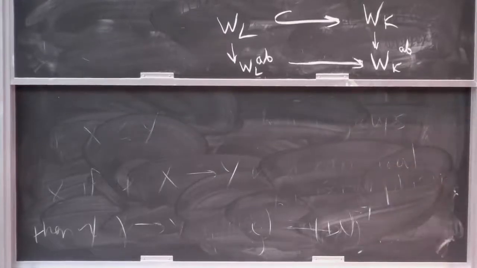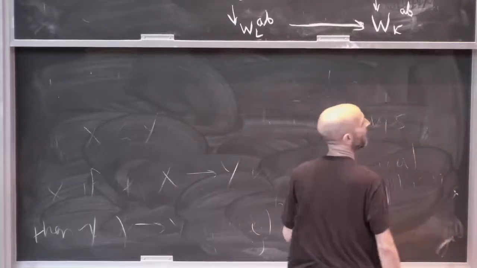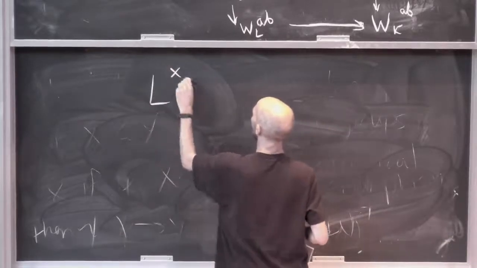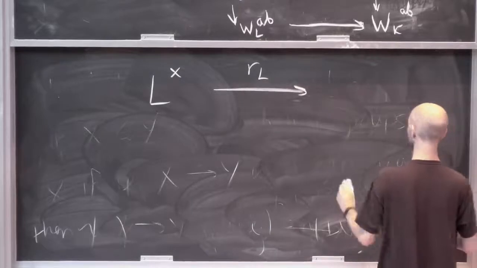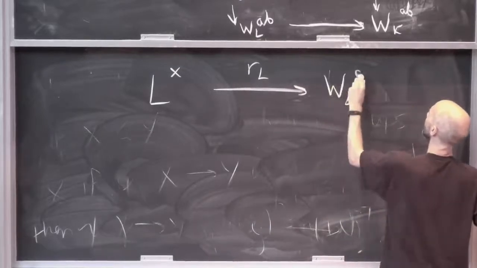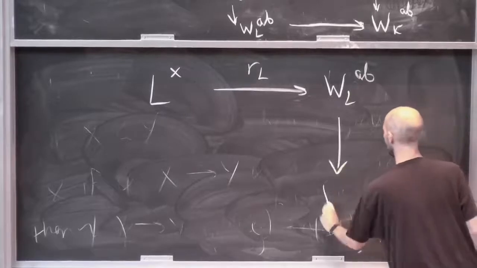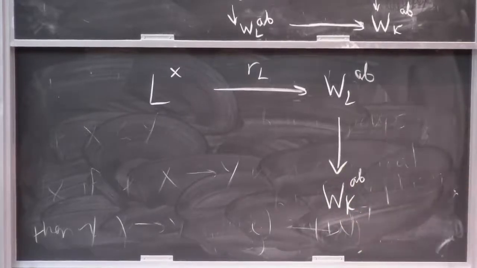But we've got a commutative diagram going here. I've got L-star, and RL, a canonical isomorphism to WL^ab. And now I've just shown that there's a natural map down to WK^ab that, when I was your age, I was pretty convinced was going to be an injection, because I wasn't thinking straight.